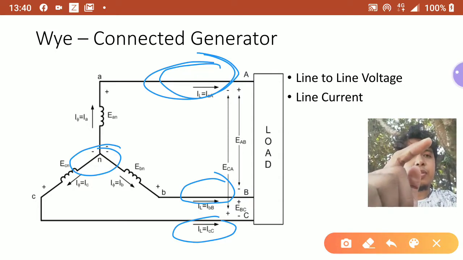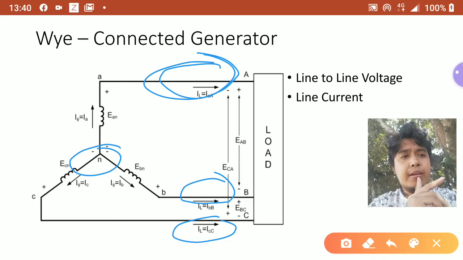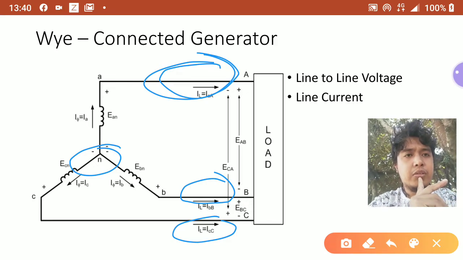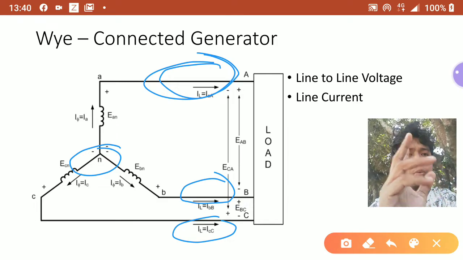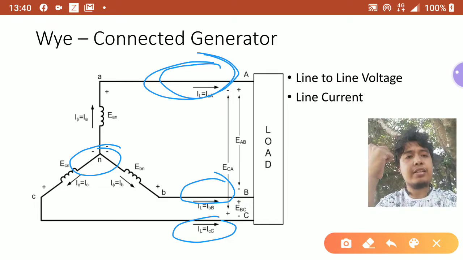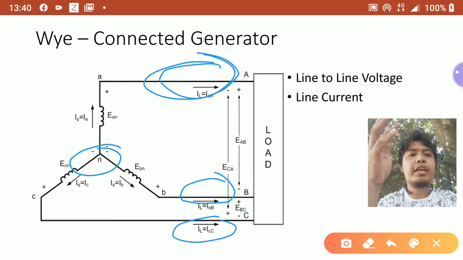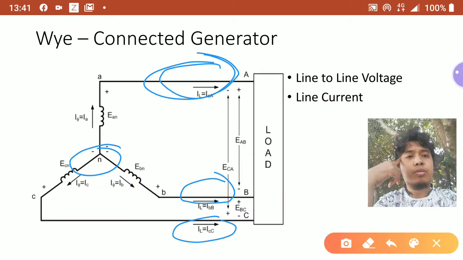By the way, if you're wondering, you can treat it as if one or two of these lines are delivering power, and then one or two of these lines serve as your return path. Or you can treat it as all three lines delivering power, and at the load they sum to 0. So that's one way to look at it.